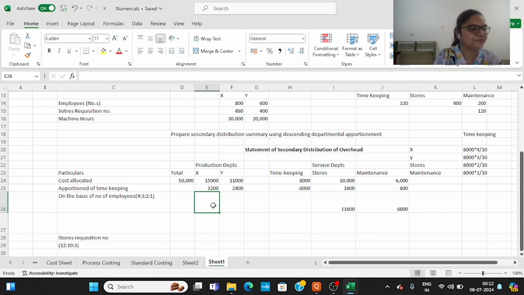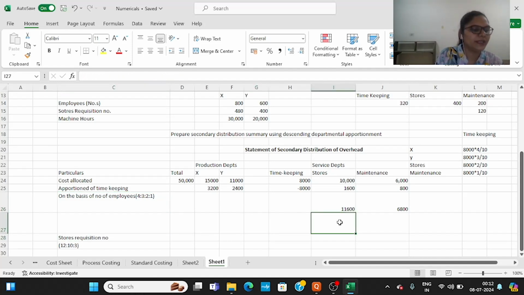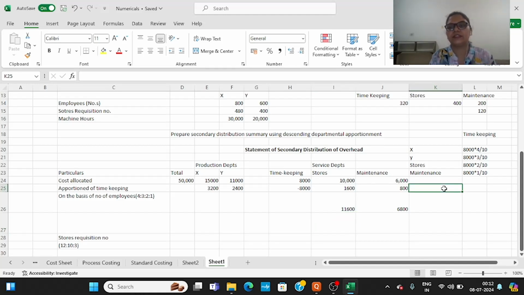Now what we have to do is stores requisition number. First we will allocate this cost of stores, which is now 11,600.